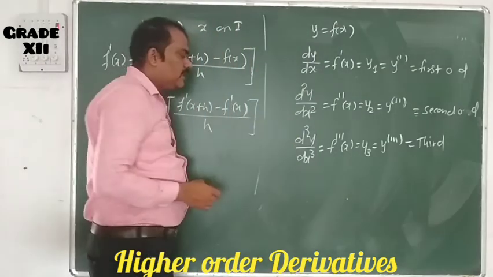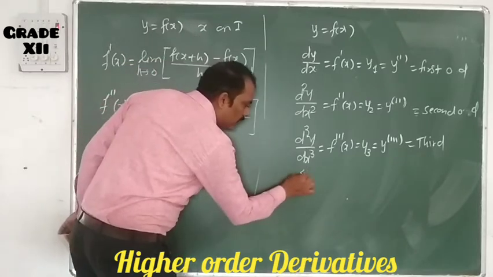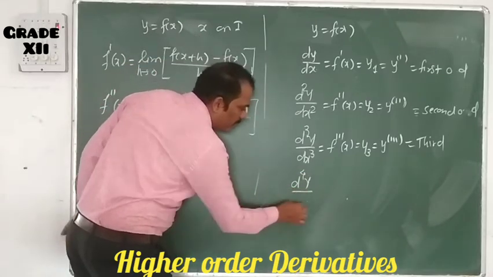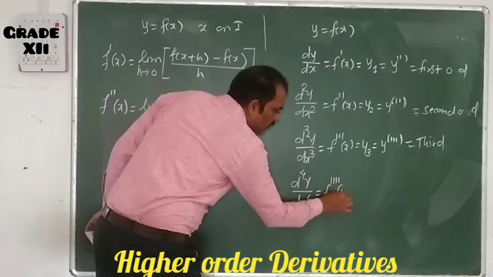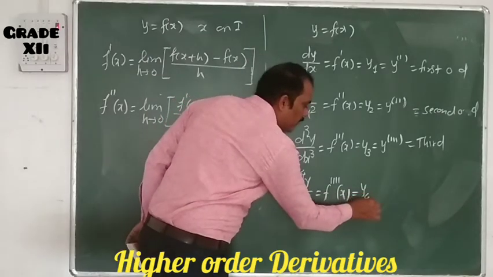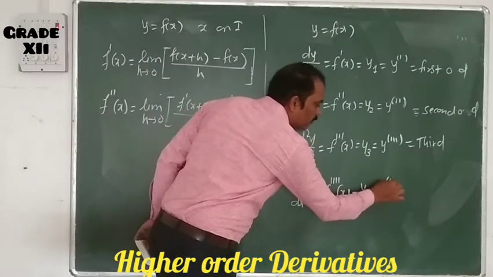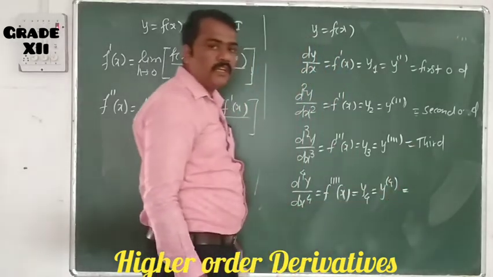If this d3y by dx raised to 3 is again differentiable, then its fourth order derivative d4y by dx raised to 4 is nothing but f 4 dash of x. It is also given by y with suffix 4, that is y raised to 4. It is nothing but the fourth order derivative.